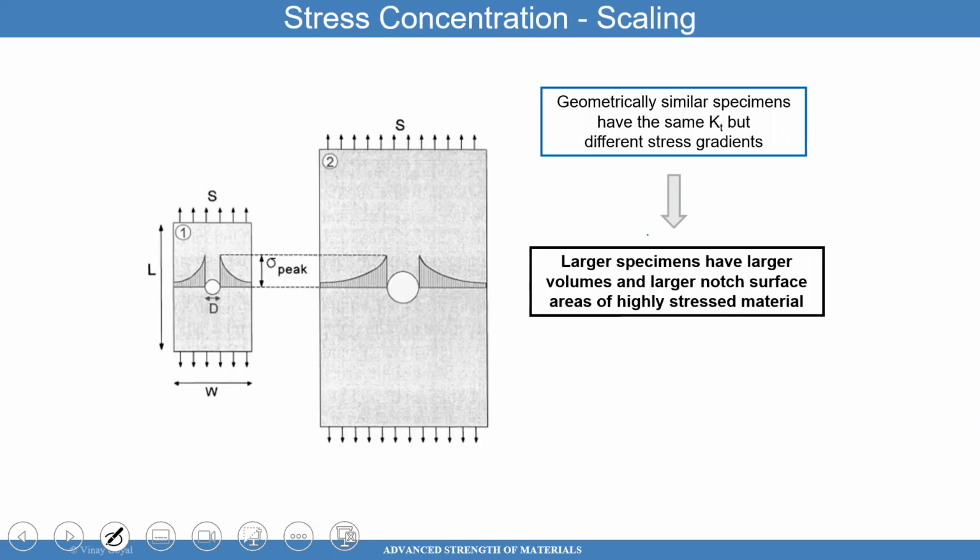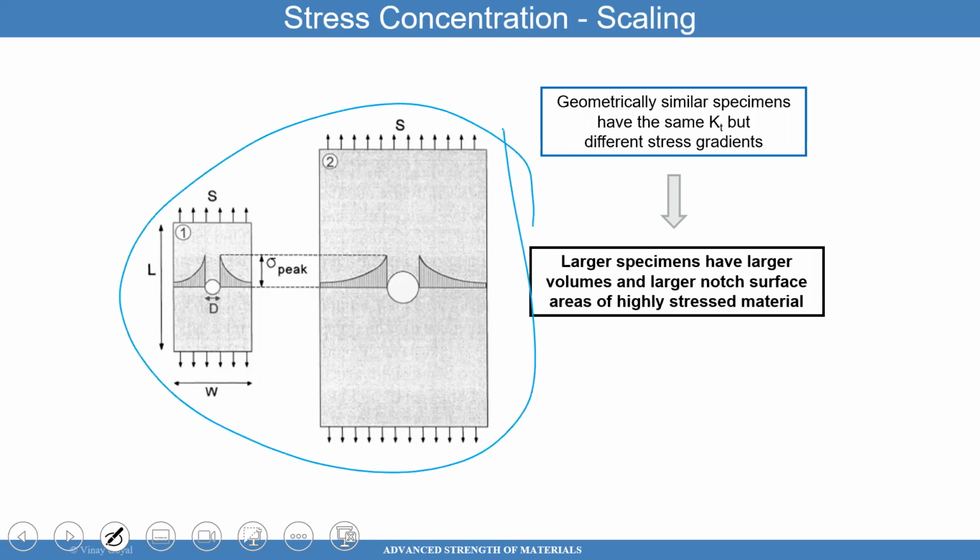Point being here is that larger scale materials may have the same stress concentration. You can see there, same far field stress, same stress concentration, but here I have a higher area under higher stress. So this is more likely to fail because you're more likely to have defects in the material that are above the strength of the material.